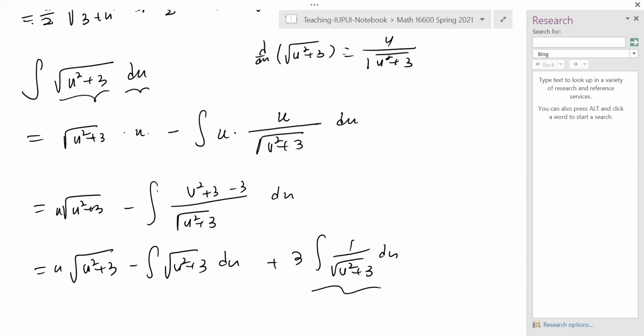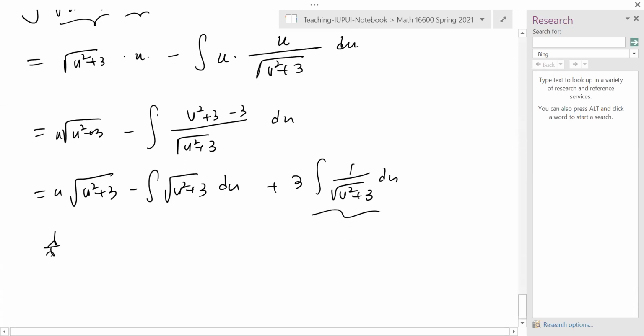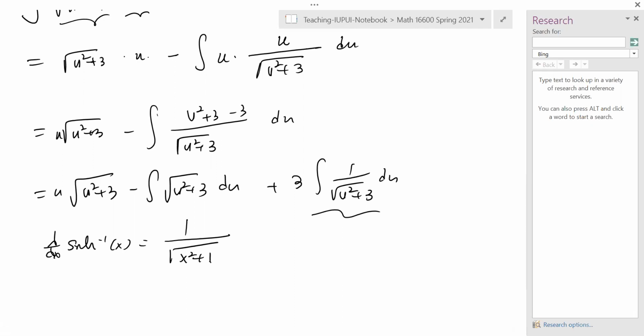The answer is inverse hyperbolic sine. The derivative of inverse hyperbolic sine x is that, so using that you are able to evaluate that integral.